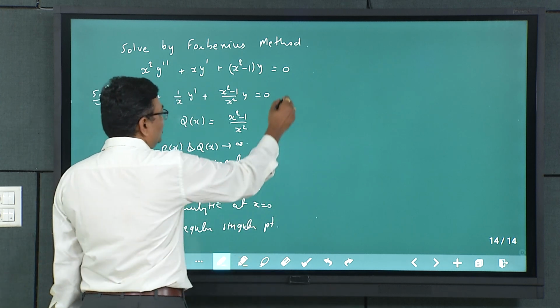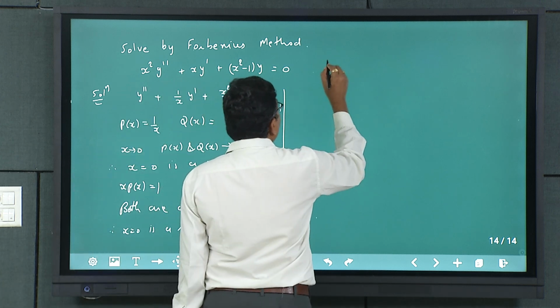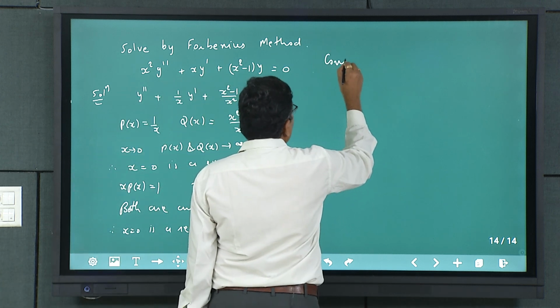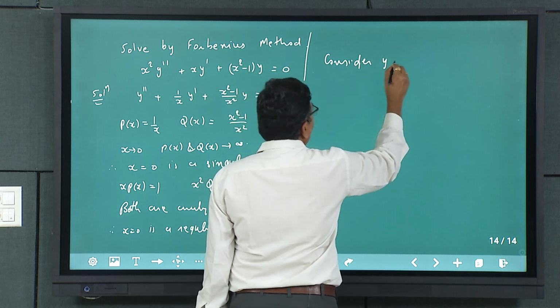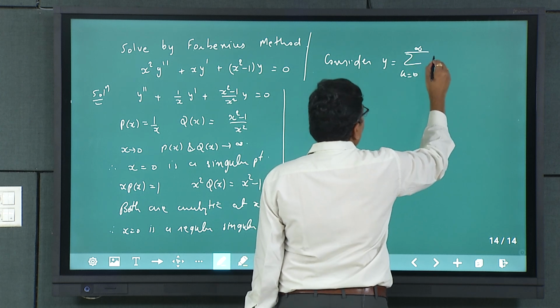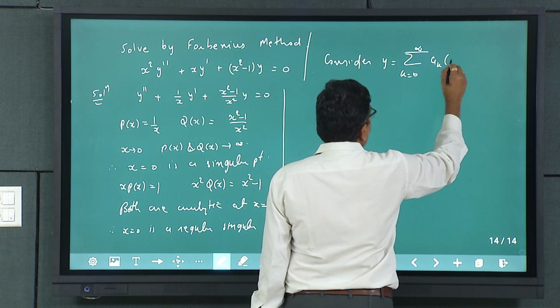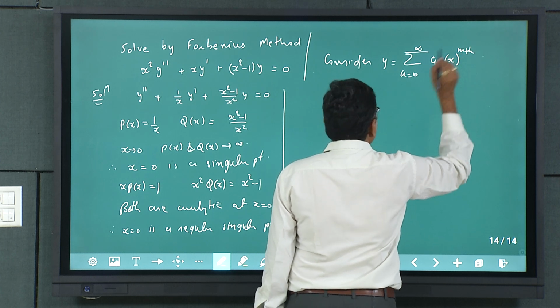Okay, so x is equal to 0 is our regular singular point. So consider y is equal to sigma k is equal to 0 to infinity ak into x raised to the power m plus k as a solution.